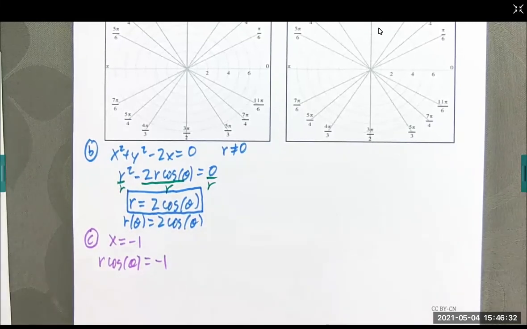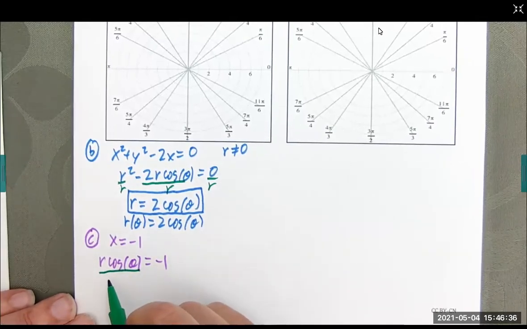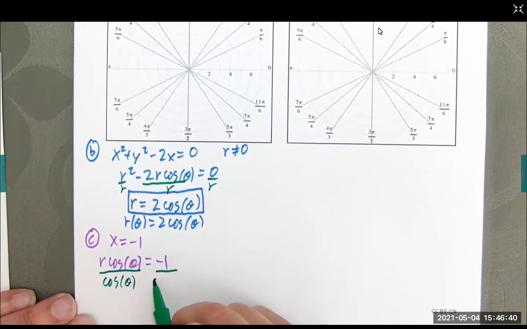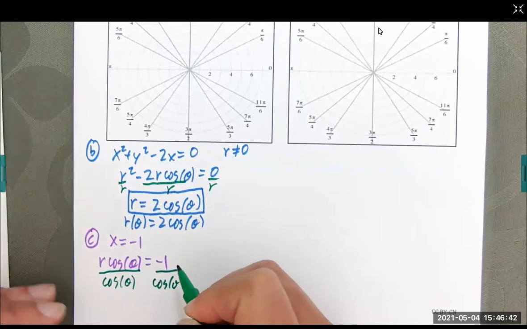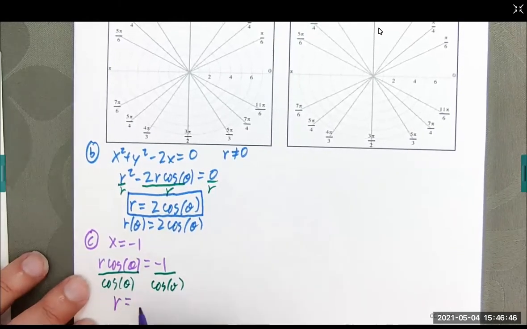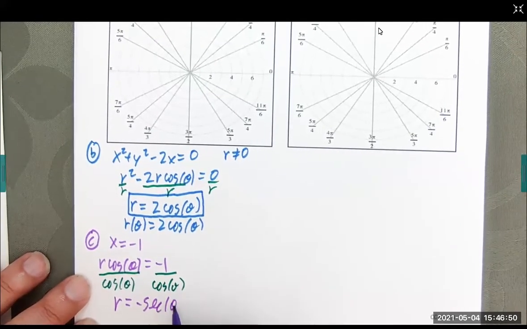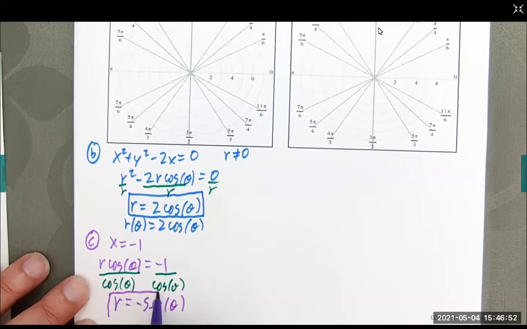And we're going to assume that we're going to do this when angles where cosine is not equal to 0. And as you know, 1 over cosine is secant theta. So there's our new function.